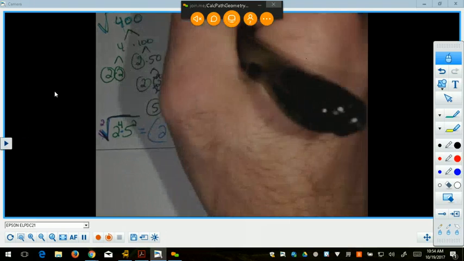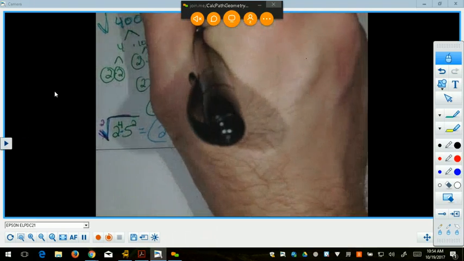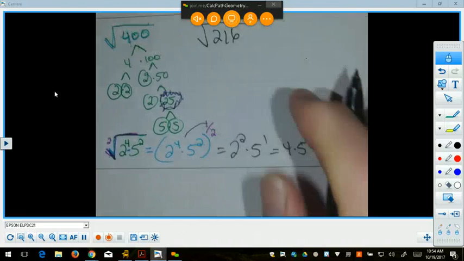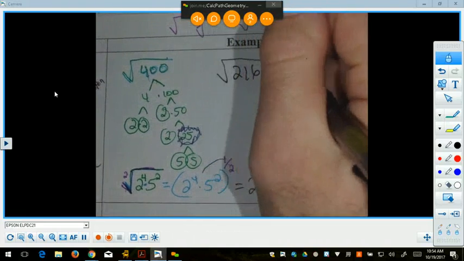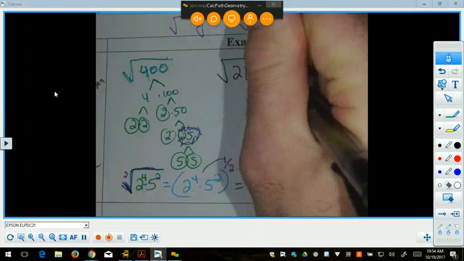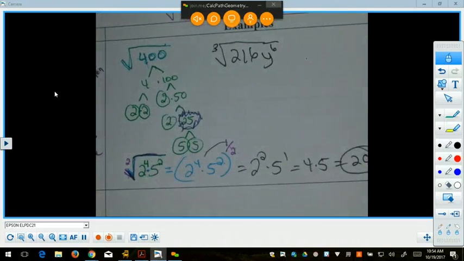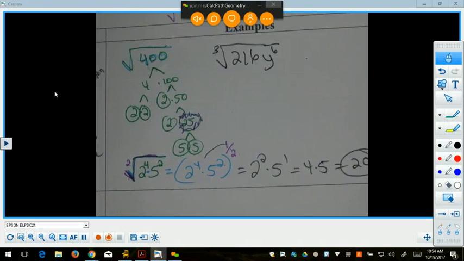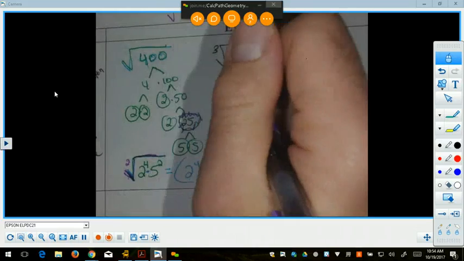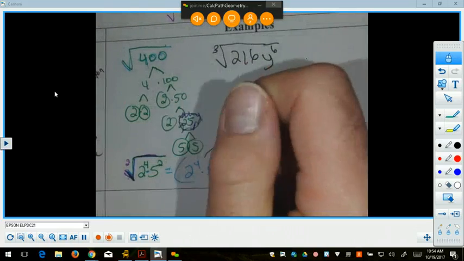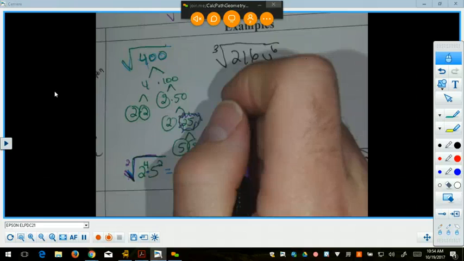We'll do 216. And then I'll do one more that has some variables. We'll do actually 216 y to the 6th. And I'm going to do the cubed root of this.